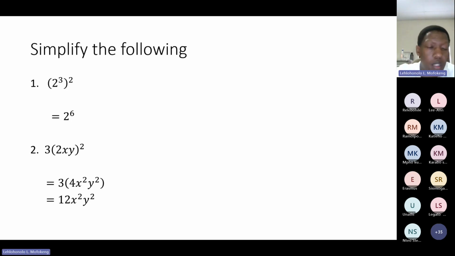So in this case, when we multiply a product that is raised to exponent of 2 by a number, we must firstly raise the product before we can multiply by 3. So in other words, we keep 3 and then we raise 2xy to exponent 2.